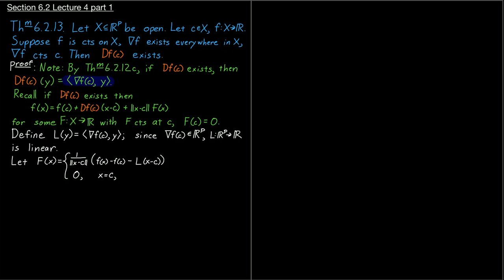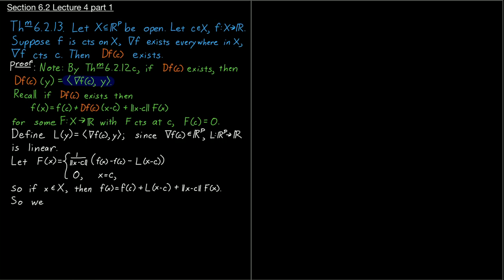So it's pretty clear, it's just a little bit of algebra. If little x is in our set, whether it's c or not, then f of x is equal to f of c plus L of x minus c plus the norm of x minus c times big F of x. And also L is linear.